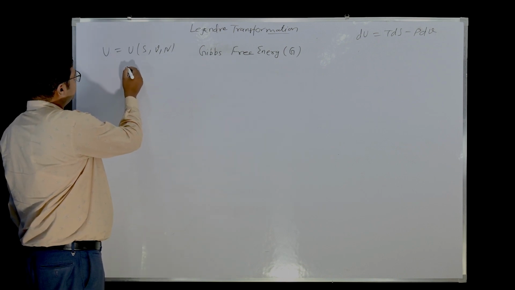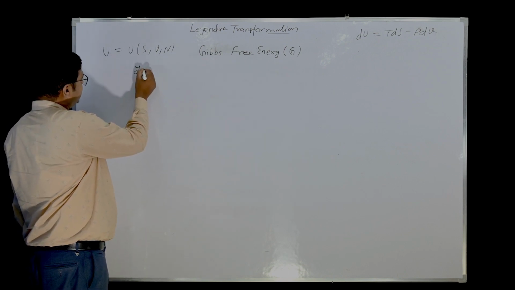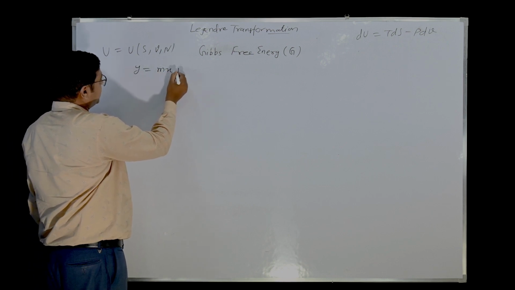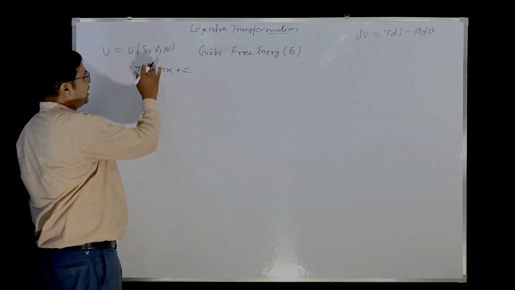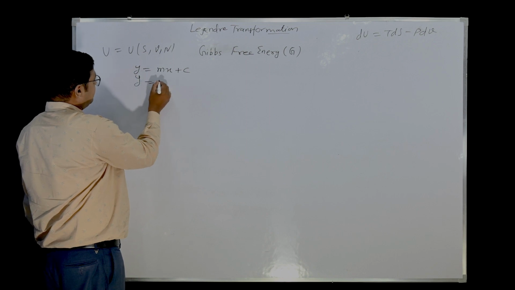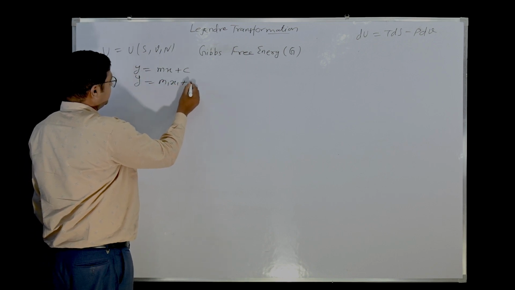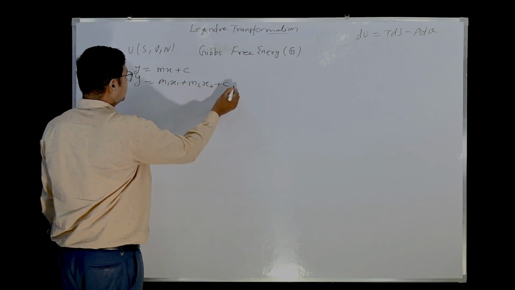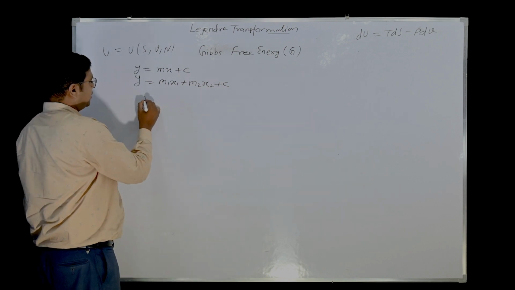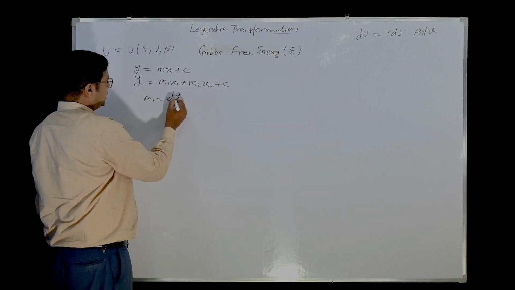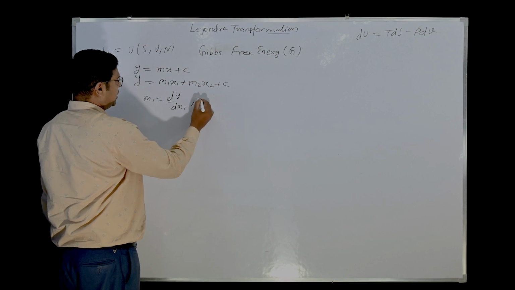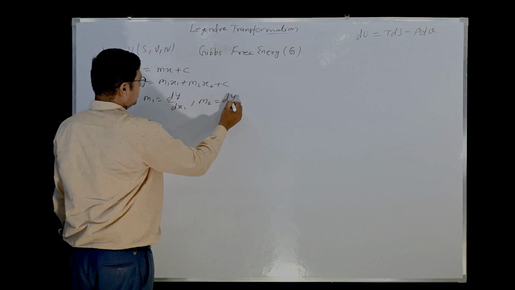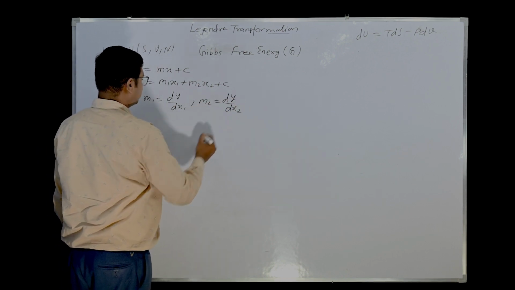Here our relation was y is equal to mx plus c, but here I have two variables, so I will write y is equal to m1 x1 plus m2 x2 plus c, and therefore m1 is nothing but dy by dx1 and m2 is nothing but dy by dx2.